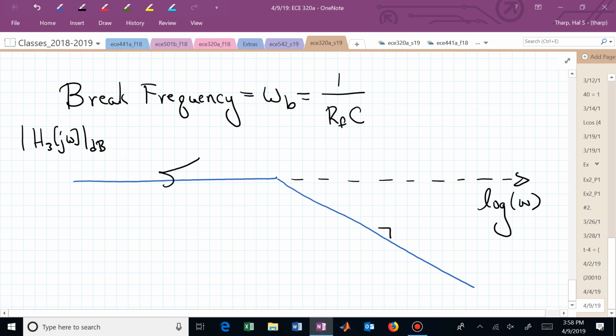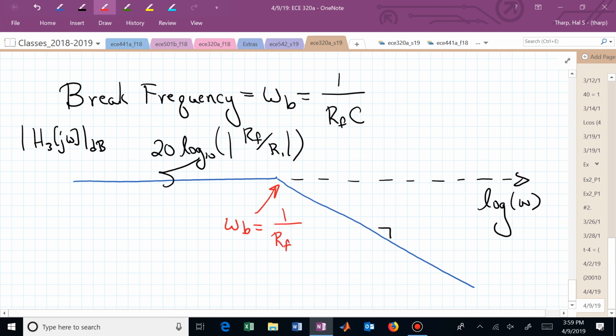This is 20 log base 10 of R sub f over R1. That's just a number. And when we get to our break frequency, that was 1 over R sub f C.